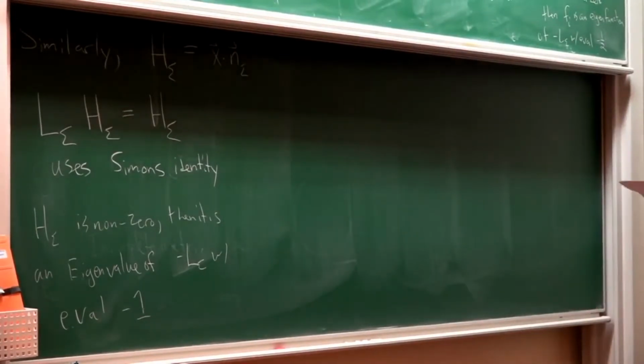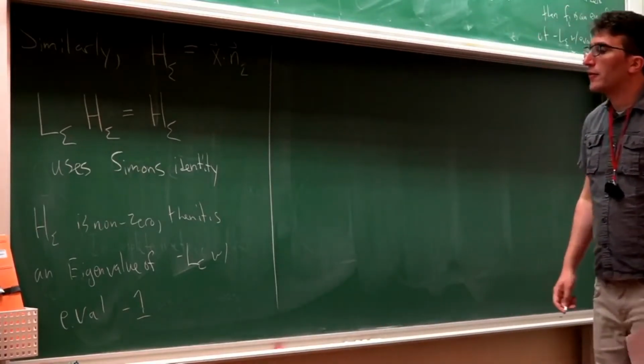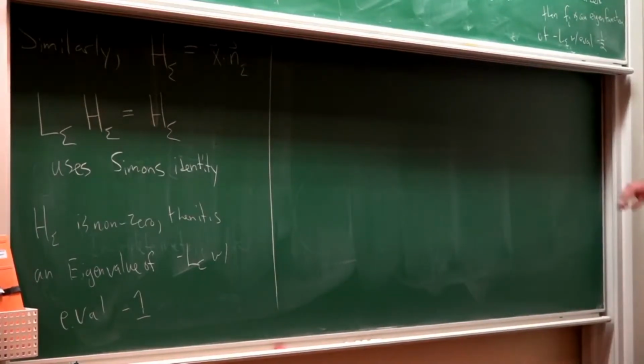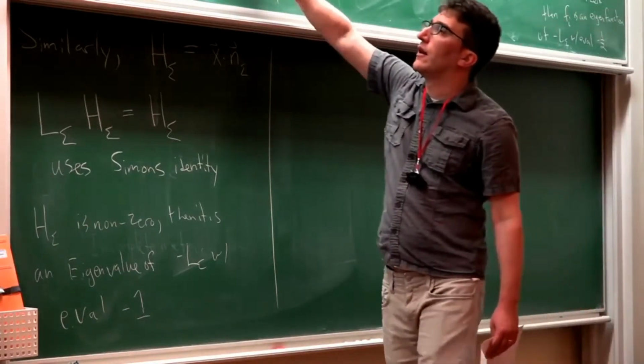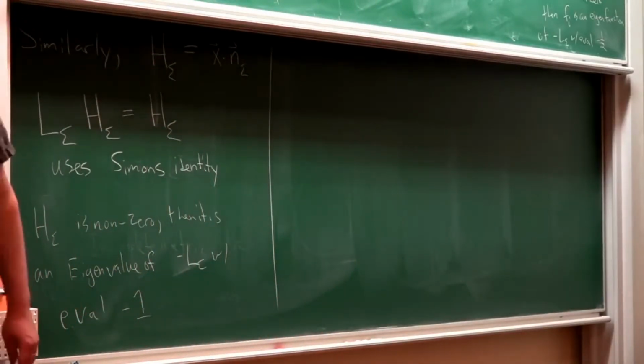Okay, so how does the proof go? Well, we need to make sure that if we count up these eigenfunctions and everything is linearly independent, then we have n plus 2 of them, and so there's no other possible eigenfunction under this index bound, if we believe this identity here.